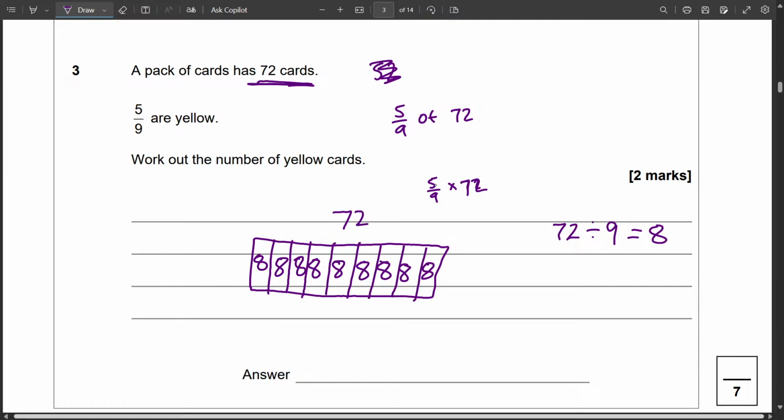And I need 5 of those because I need 5/9: 1 ninth, 2 ninths, 3 ninths, 4 ninths, and 5 ninths. So 8 times 5 gives you 40. So 5/9 of 72 is equal to 40. You can always work through it like this, and it's 2 marks.